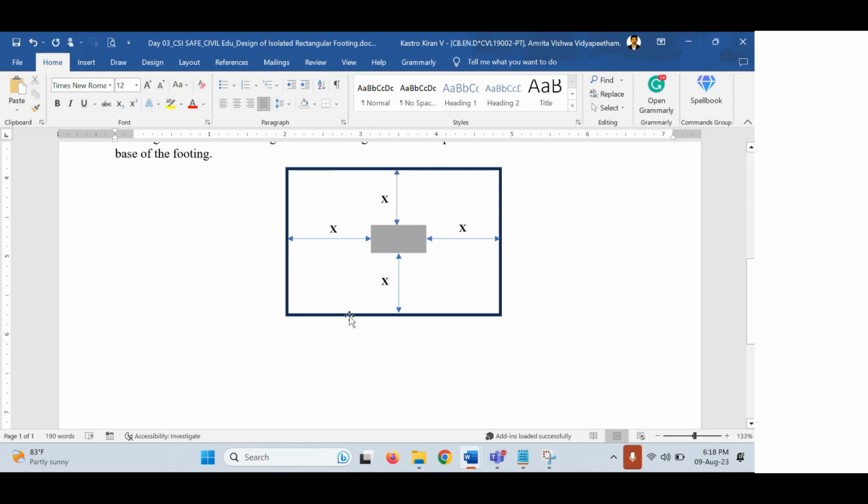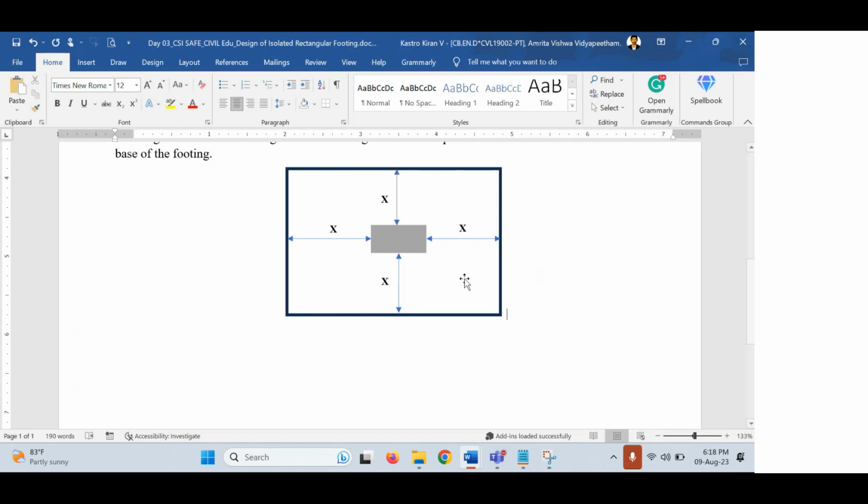In order to ensure uniform pressure distribution, suppose this gray one is the column and the black outline is the footing. From the top view, this is a plan view. Once you arrange a column in a rectangular footing, from whatever side you take, the sides should have uniform dimensions.